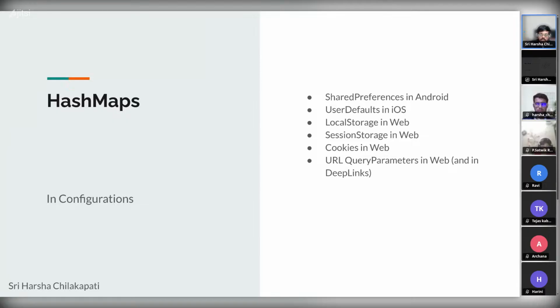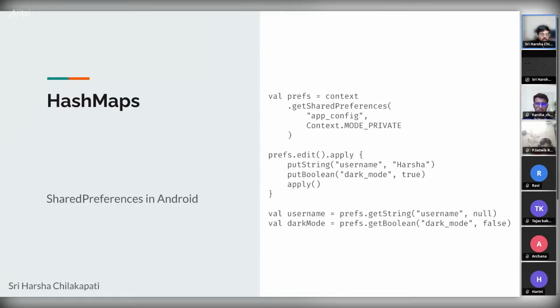So let's see those also. In Android, all you do is ask the context to get you a shared preferences object. You give it a name, and whenever you are editing it, you put a string, give it a key and a value, then a boolean, give it a key and a value. You can use whatever types you want, and then you apply them.